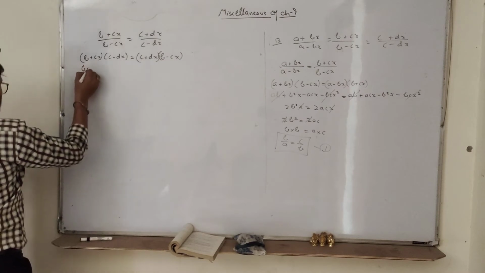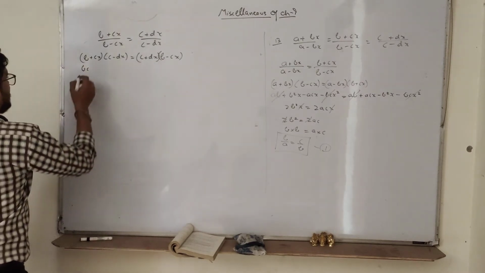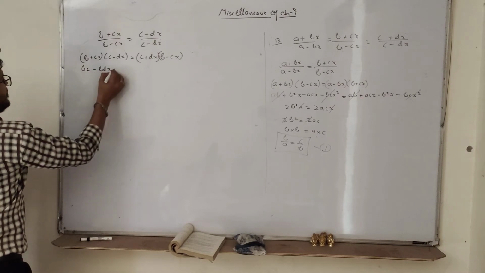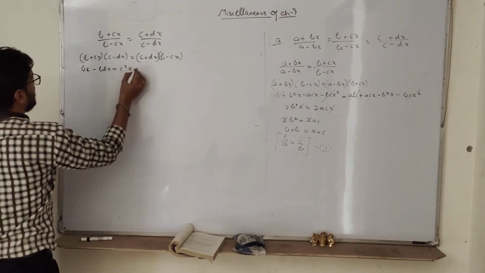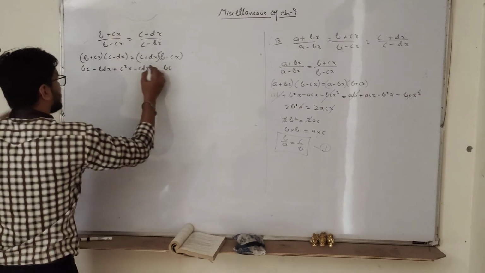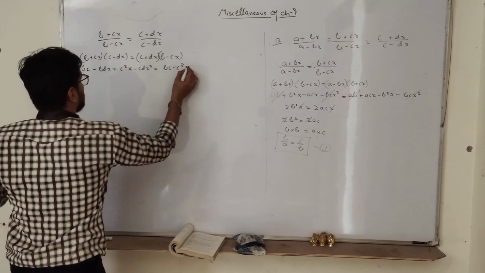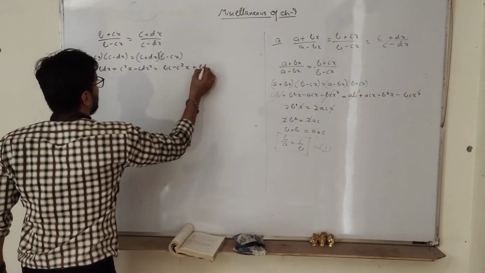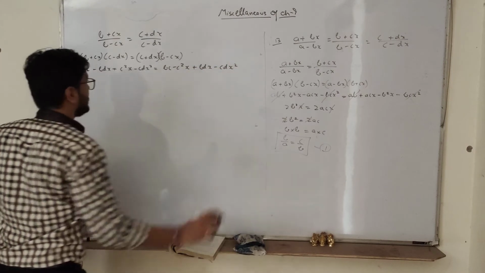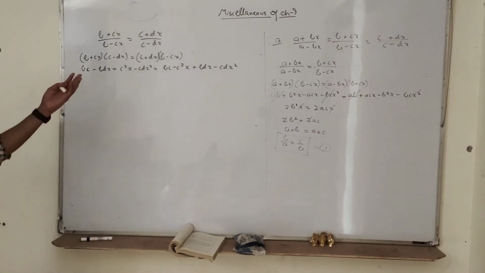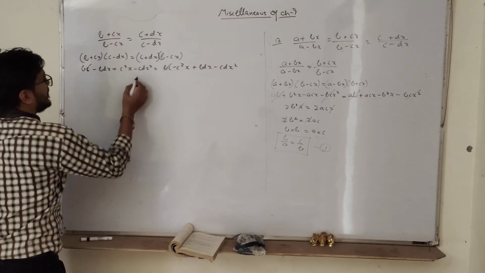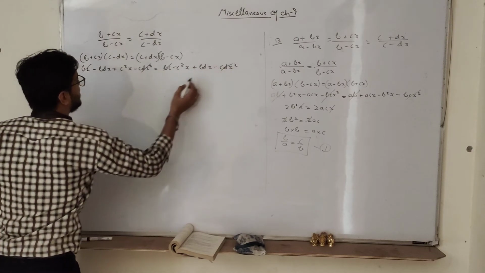So bc minus bdx plus c square x minus cd x square is equal to bc minus c square x plus bdx minus cd x square. Just simplification. bc to bc cancel, cd x square to cd x square cancel.